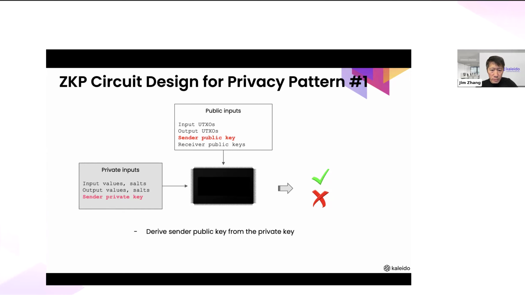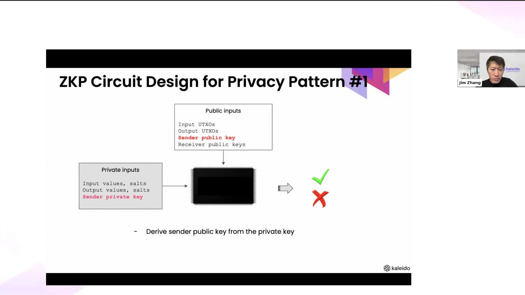So this is what the zero-knowledge proof circuit needs to do: use the private key as private input and then derive the public key. And then later on, we can use the public key to calculate the hash and then prove that this hash matches the input UTXO.